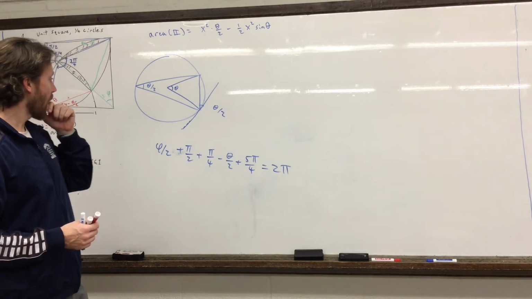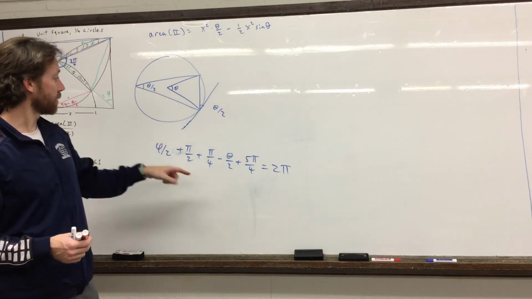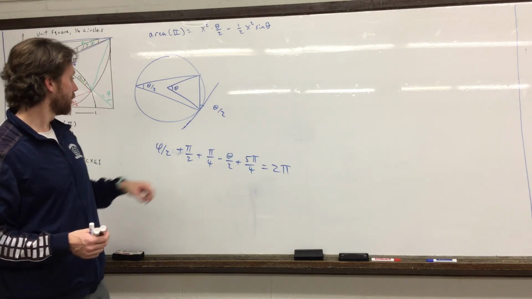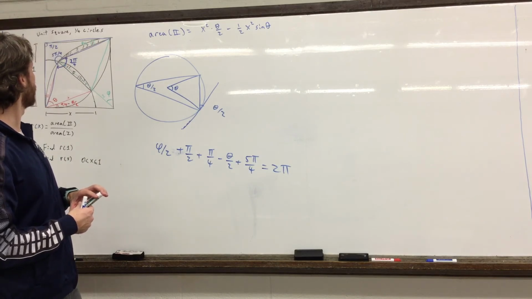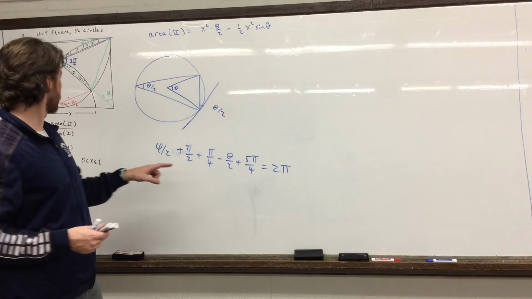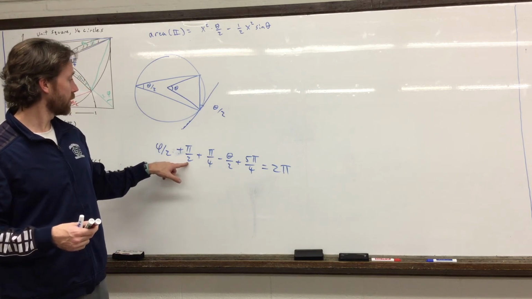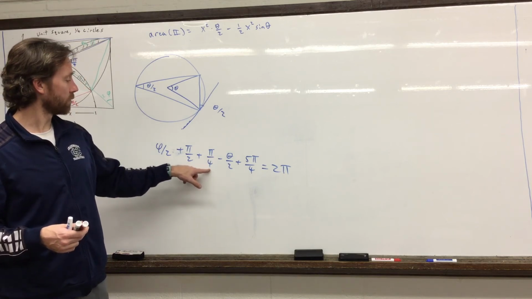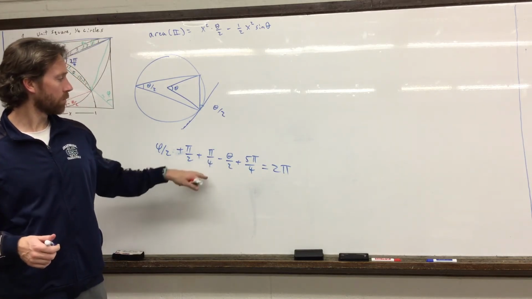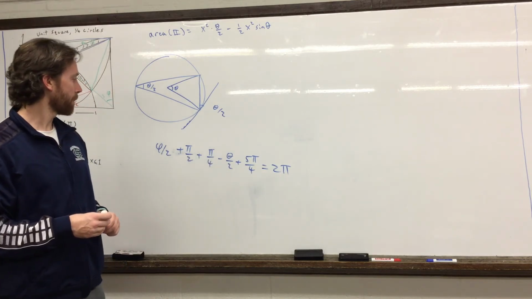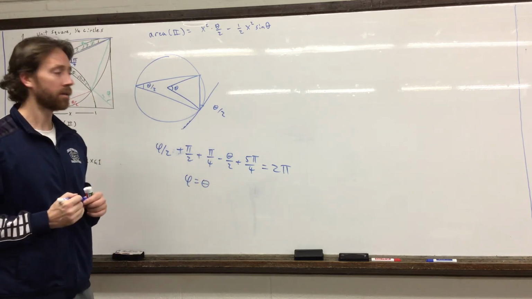And I see something interesting here. Pi over 2, that's 2 pi over 4, 3 pi over 4, 8 pi over 4, right? All of these fractions of pi add up to 2 pi. So this simplifies down to phi equals theta.